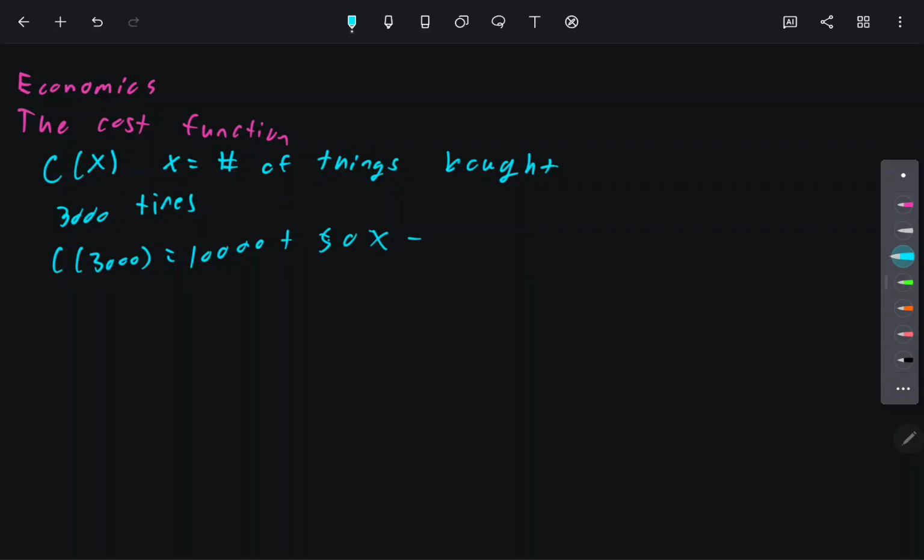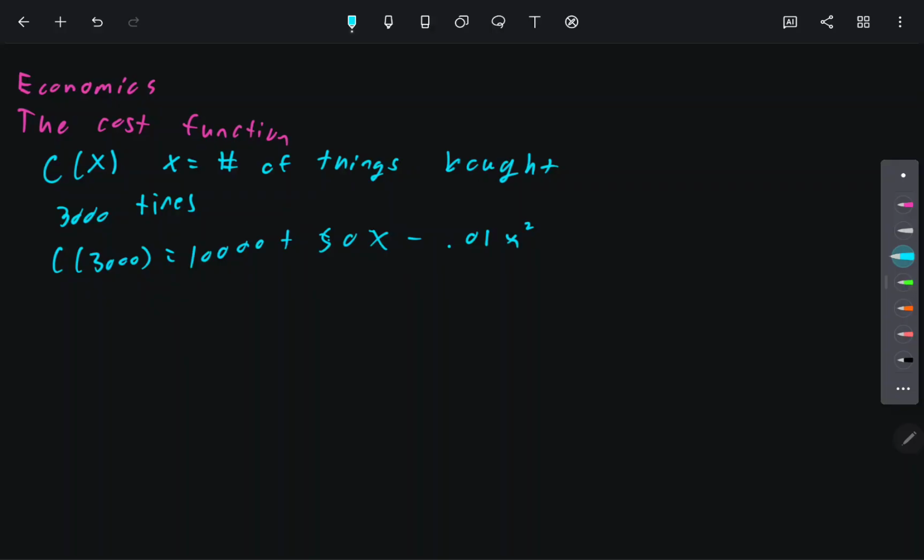But for every tire you buy, it will get cheaper by like 0.01 cents or something like that. Well, the company can plug this value in to find how much this is going to cost.